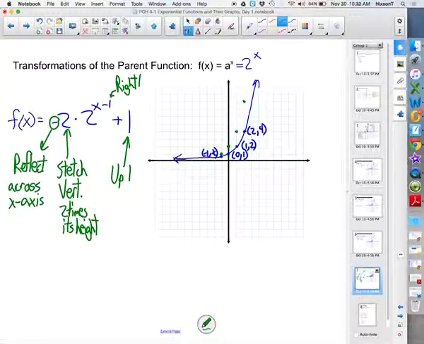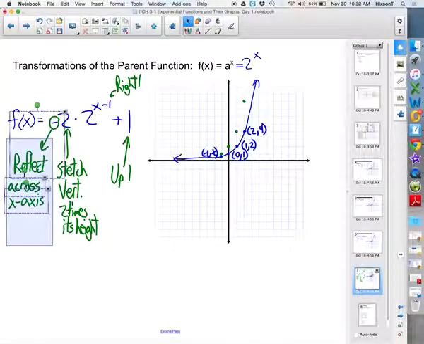Okay? Now I'm not going to actually sketch the whole thing at this point. Those are just some guide points as I work to get the whole graph going here. Okay? So there's my stretching vertically, okay? Now I need to reflect it across the x-axis.